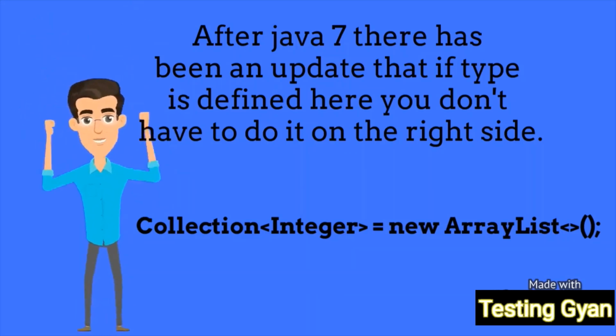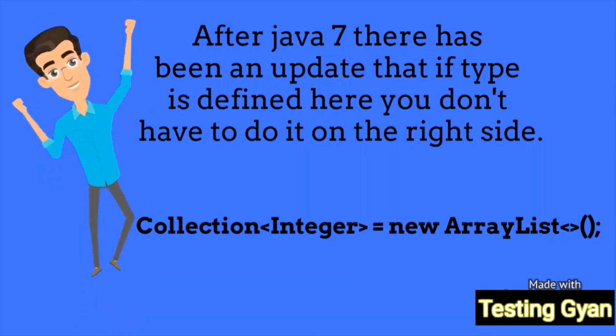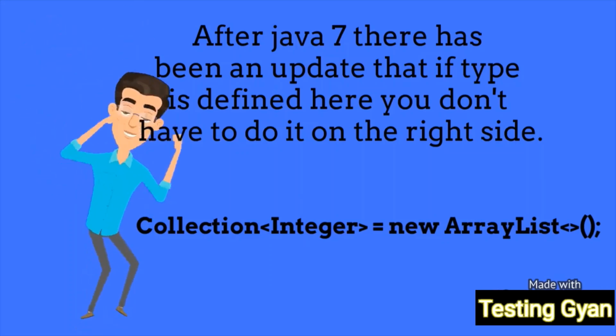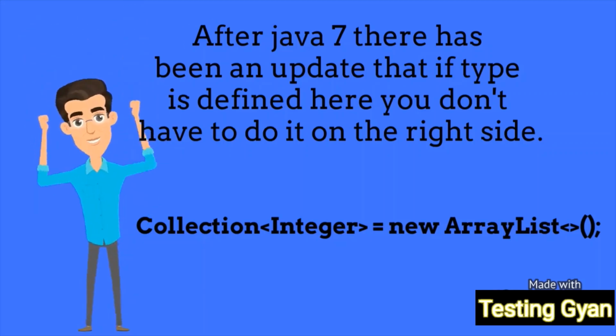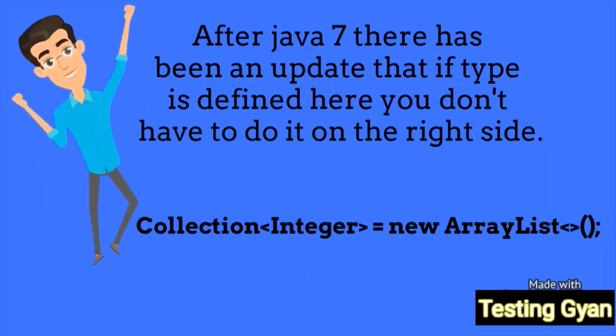But if you are using Java 6 or 5, then you have to define it both ways. If you are using Java 7 and above, then you can define it only on the left side. I hope this is clear.